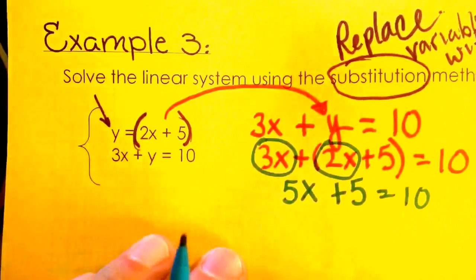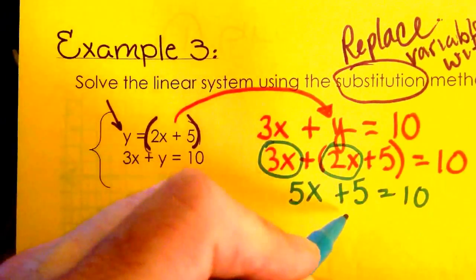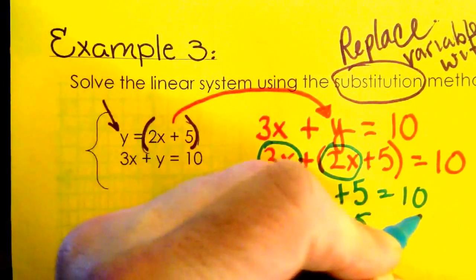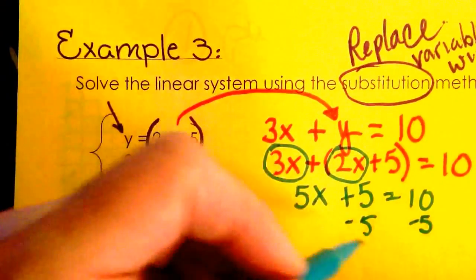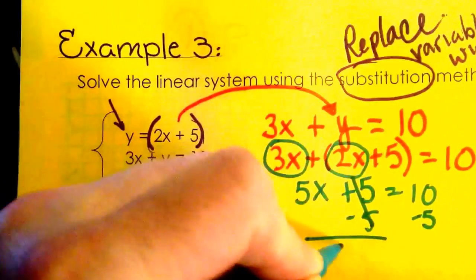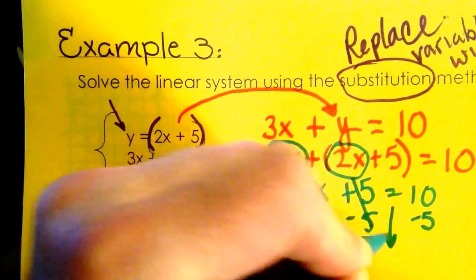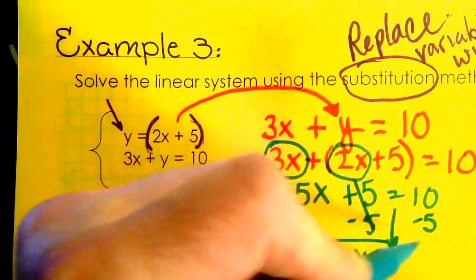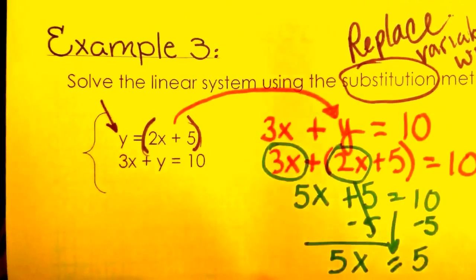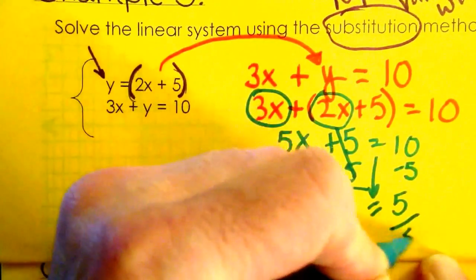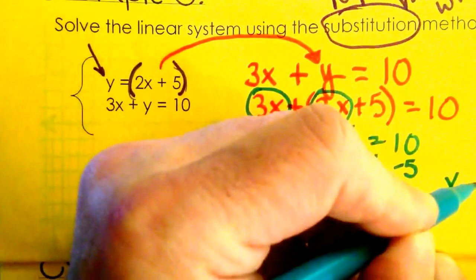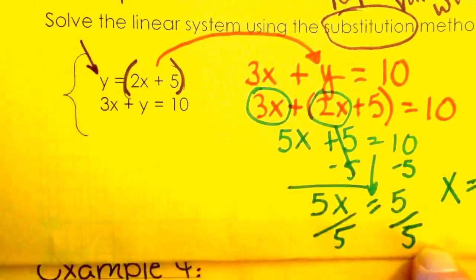Now we're down to a two-step equation where we subtract 5 from both sides, adding the opposite of 5 to both sides. That equals 0. We're left with 5x. Bring down our equal sign. Equals 10 minus 5 is 5. One last step here: divide both sides by 5. We get x equals 1.